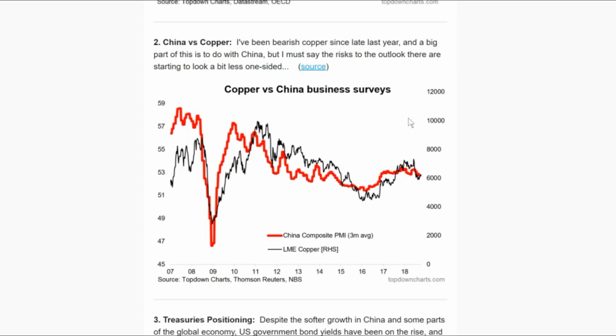Now, what do I mean by that? Well, from an investing standpoint, a little bit of a slowdown in China is a bad thing, but too much slowing can actually be a good thing, because it can prompt the policymakers to take a more proactive stance and implement more stimulus.